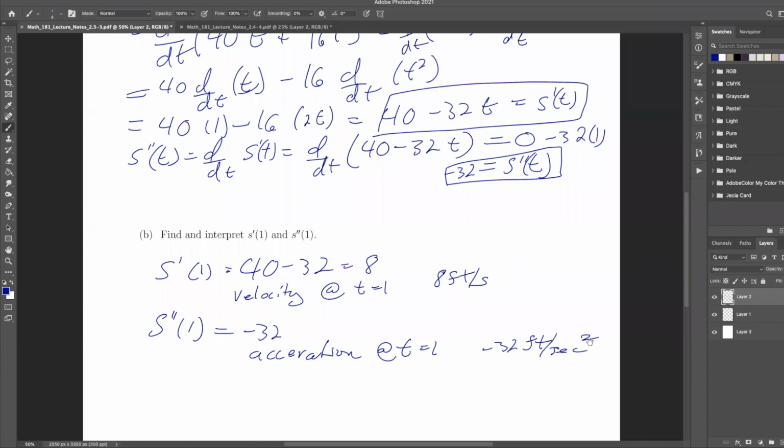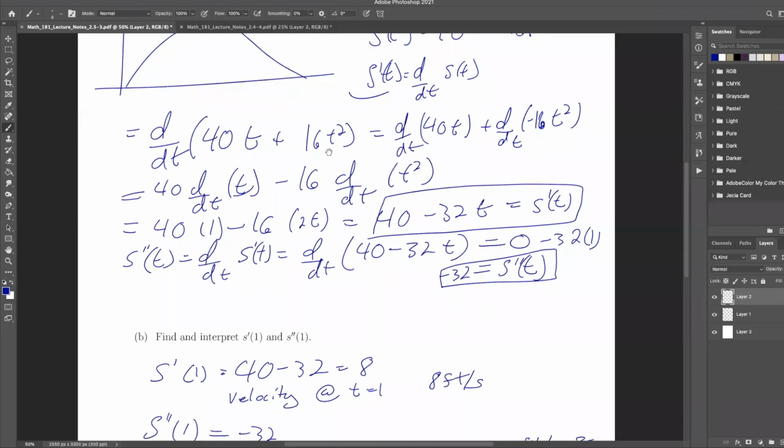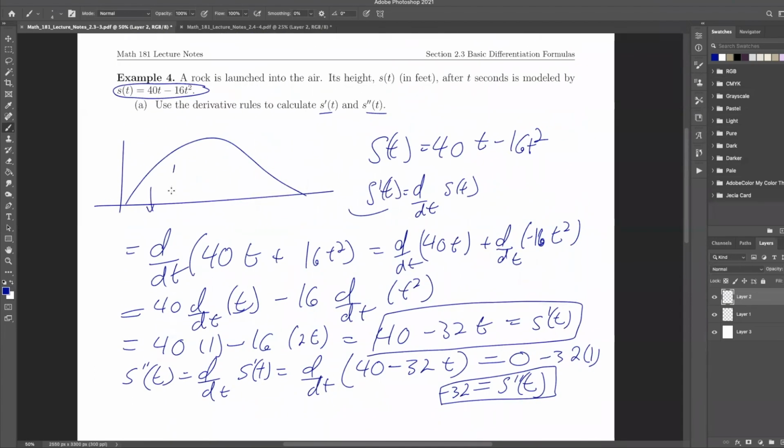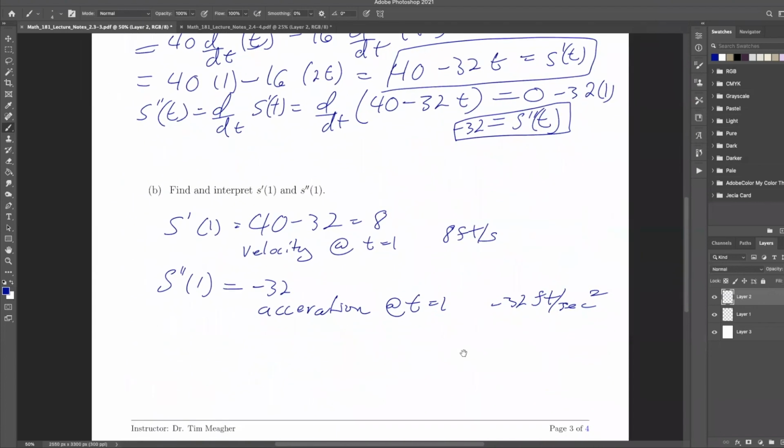And so here we have our velocity, here we have acceleration. Our acceleration is constant. Why? Because gravity is constant, right? Gravity pulls down at a constant rate. So it's always pulling at a constant rate. So that's what those mean.